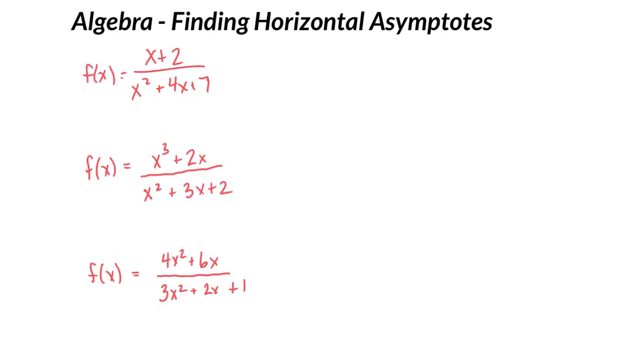I've written 3 rational functions here. And let's start by just highlighting where the highest powered thing is. So in this first example, x plus 2 over x squared plus 4x plus 7, the highest powered thing is the x squared, right there. If the highest power is in the denominator, this is very simple.